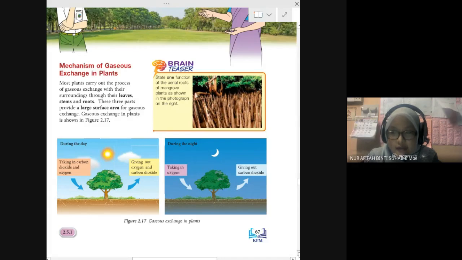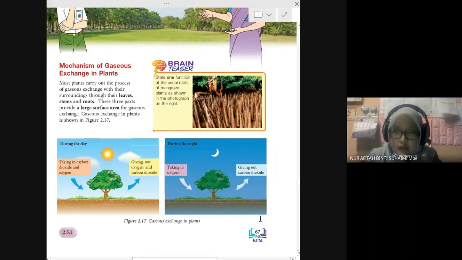You have learned about the plant cell in Form 1, right? Plant cell, animal cell. So this plant cell carries out the respiration process.